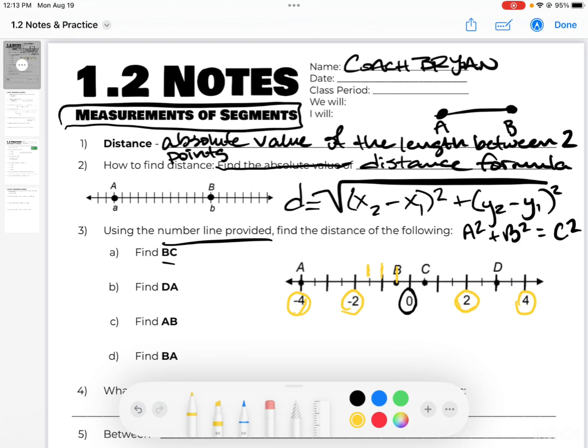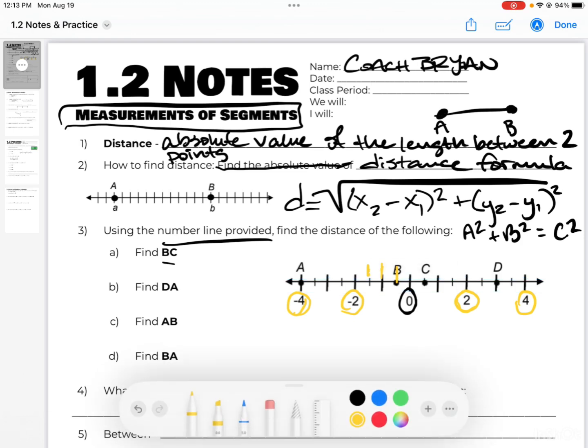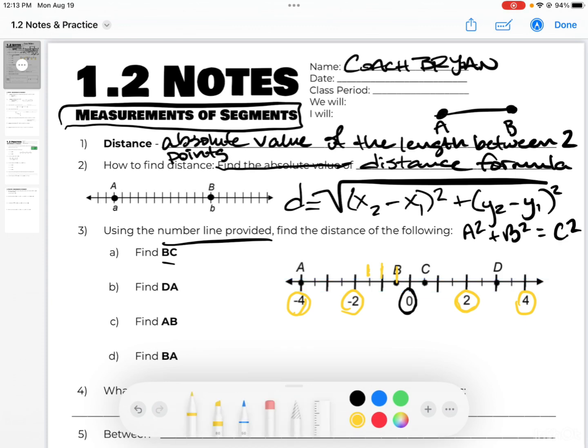Each one of these is 1, and each one of these little ones is 0.5. And so every time you go up a mark, you actually go up 0.5 instead of going up 1.